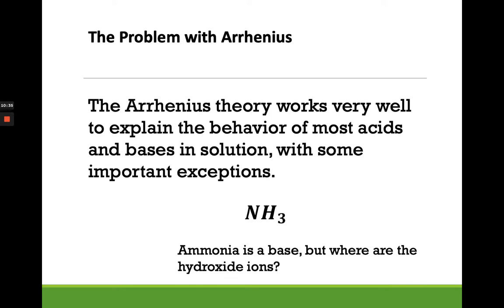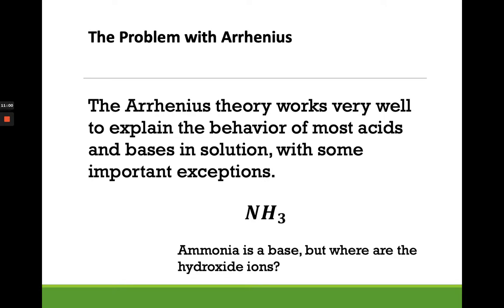But there's a problem with Arrhenius. The Arrhenius theory works very well to explain the behavior of most acids and bases in a solution, with some important exceptions. Remember the example we had a while ago, NH3? It produces an OH minus, however, it doesn't have an OH in its chemical formula.